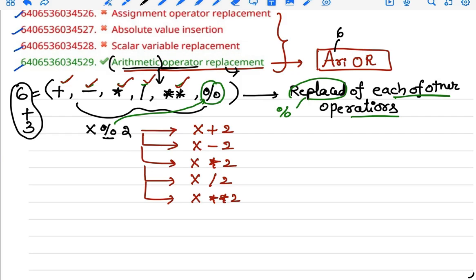We are replacing this one, so it is not needed. Each operator is replaced by the other operators. These are the answers.